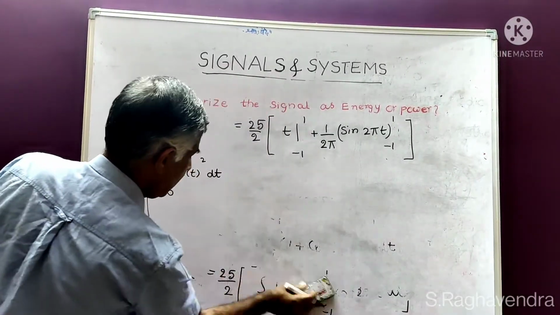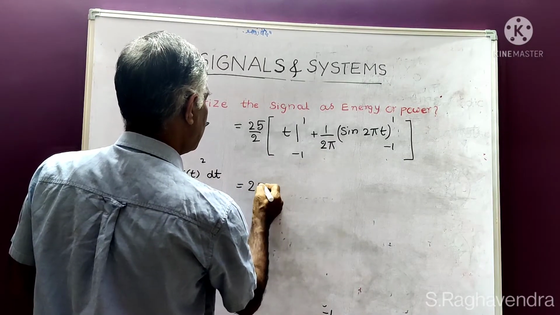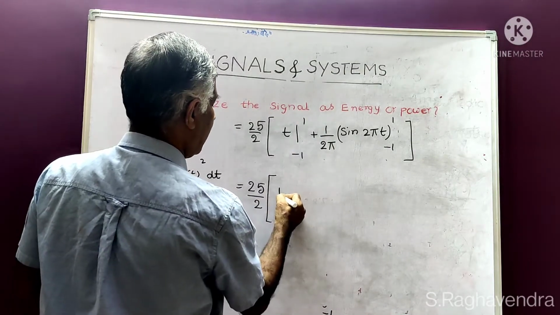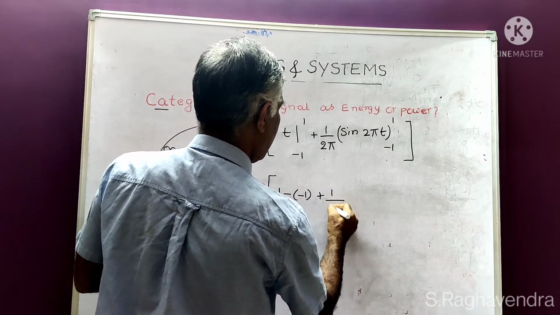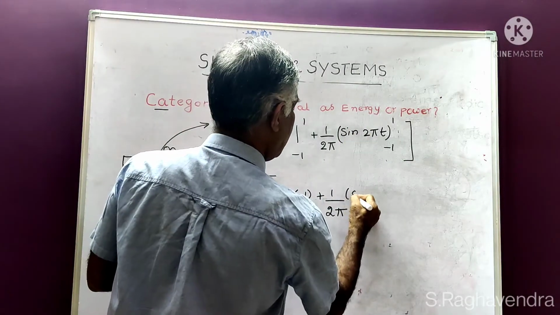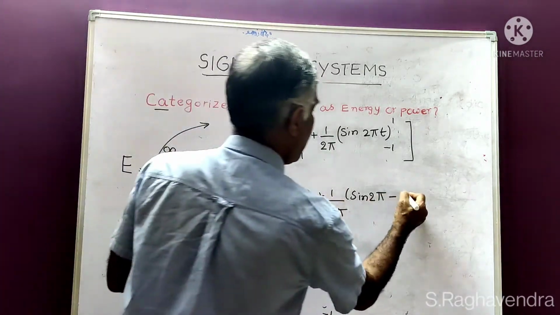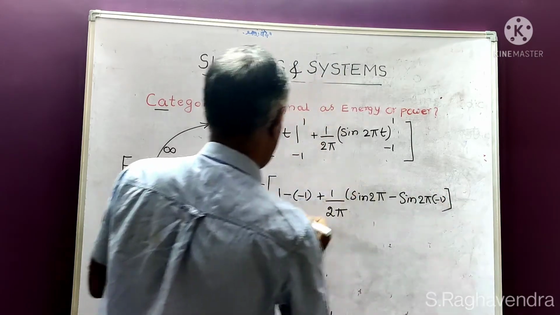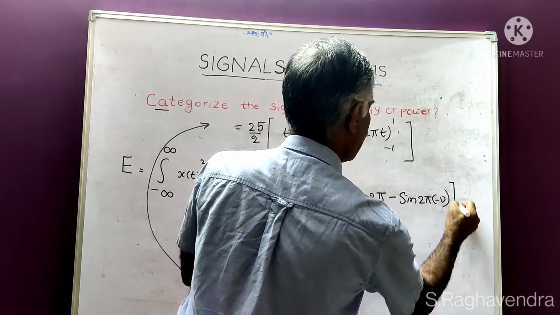Next step is 25 by 2. Substituting upper and lower limits, 1 minus of -1, plus 1 by 2 pi times sine 2 pi minus sine of 2 pi times minus 1.